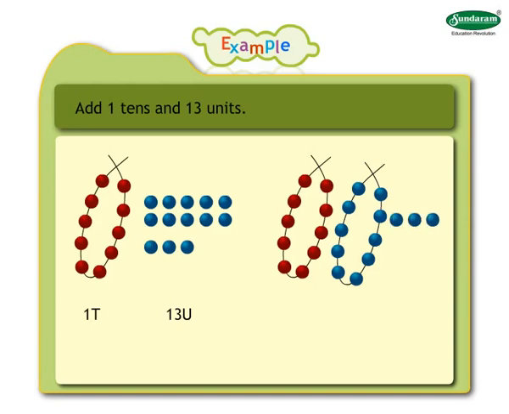The remaining 3 dots are 3 units. Now, we have 1 ten and 1 ten and 3 units. 1 ten plus 1 ten is equal to 2 tens. Thus, 1 ten plus 13 units can be written as 2 tens and 3 units.